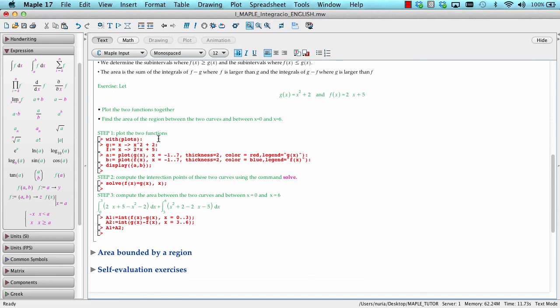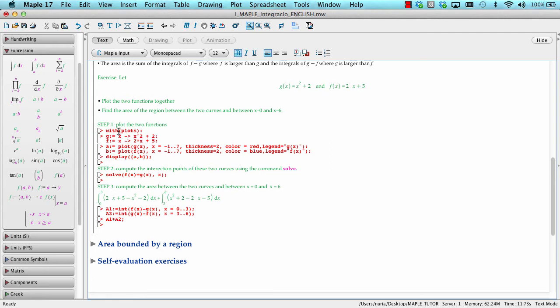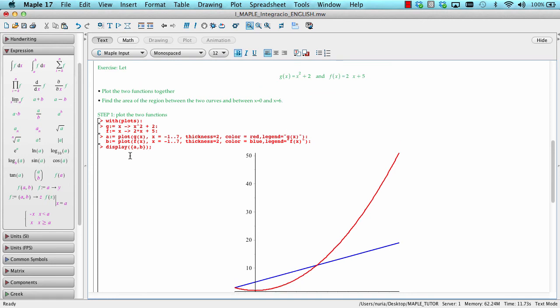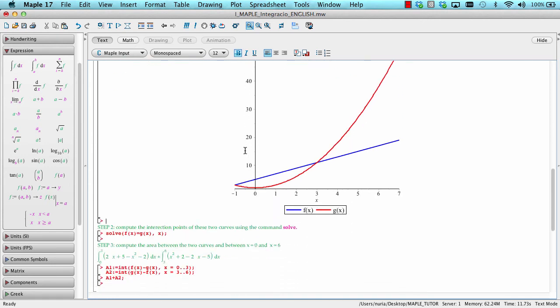So with plots, we define the two functions, and now we are going to use this command in order to make two plots at the same time. So we make the plots A and B, and now we display them. We are asked to compute the area between these two functions between 0 and 6.